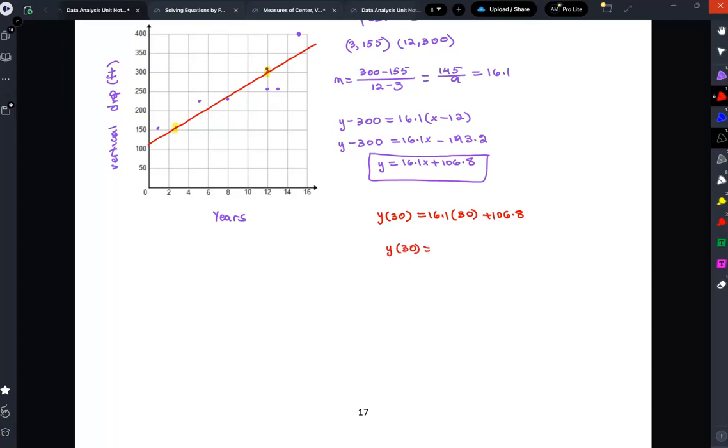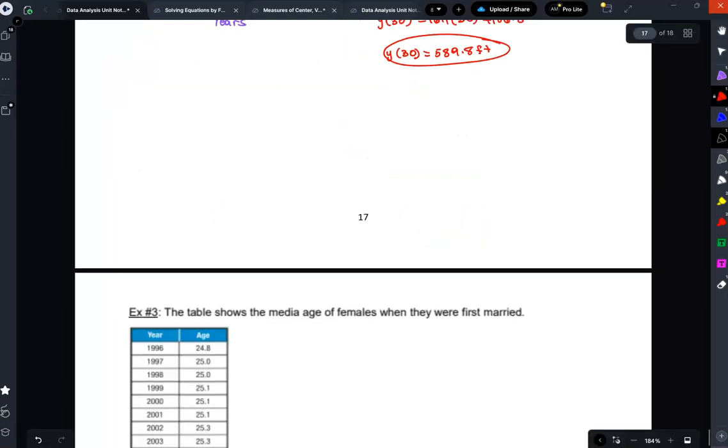Y of 30 will be 589.8 feet. Okay? So if this trend continues, you're like, man, 30 years from now, they're going to have a roller coaster with a 590-foot drop, right? Yeah.